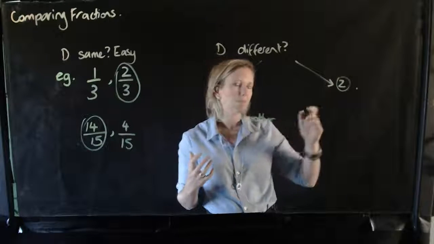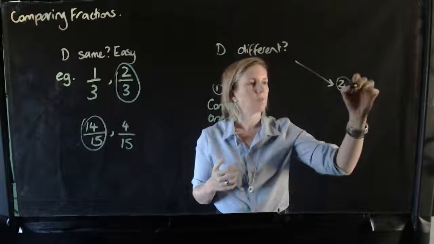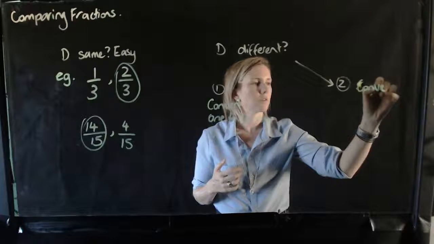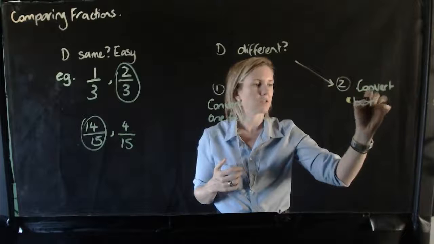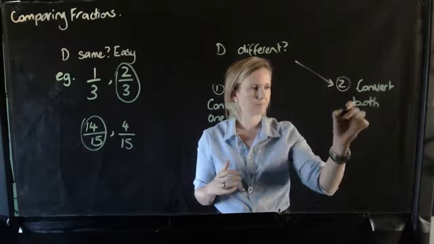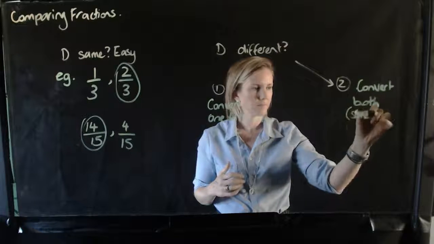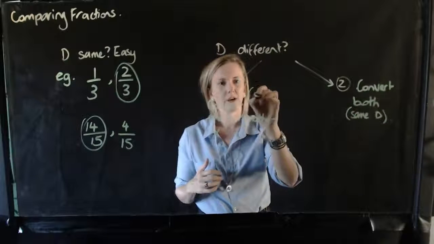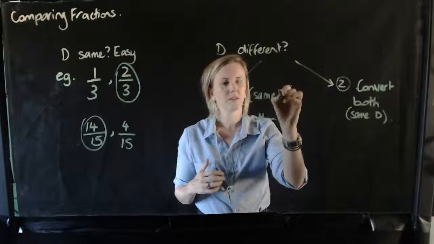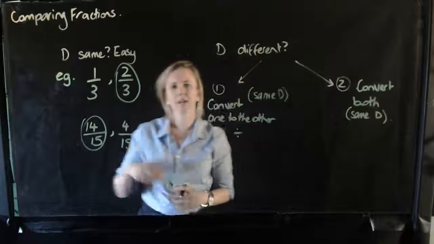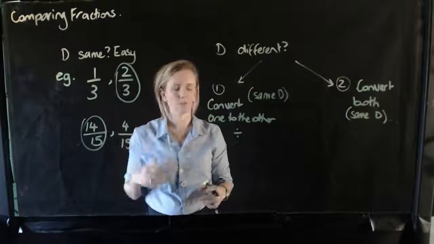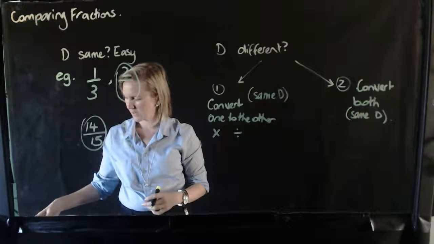And rarely, but possibly, you might have to convert both fractions to have the same denominator. So with both, you have to have the same denominator to be easily able to tell which one is larger or smaller.